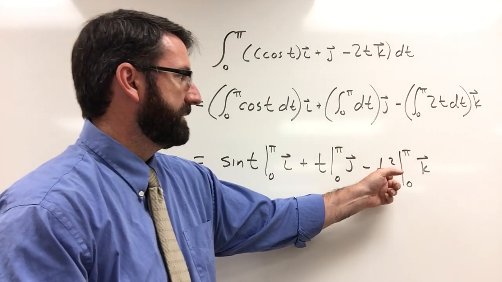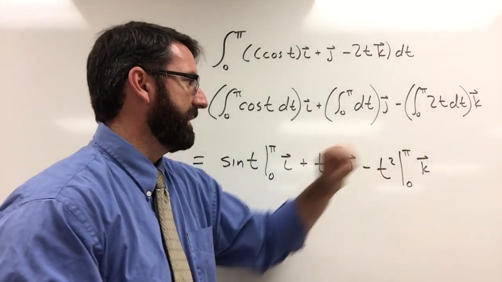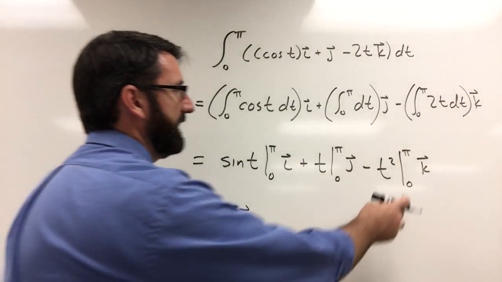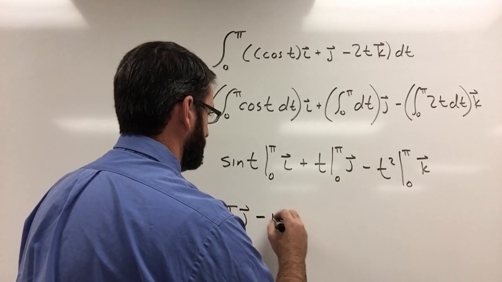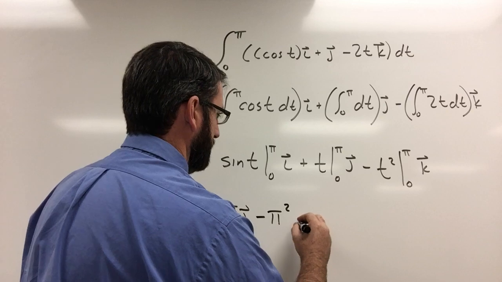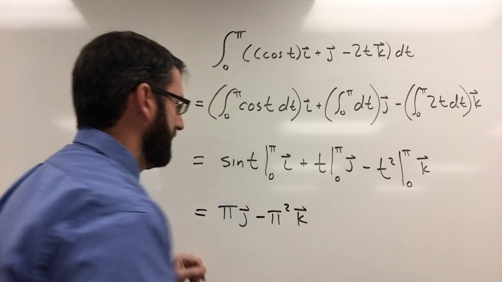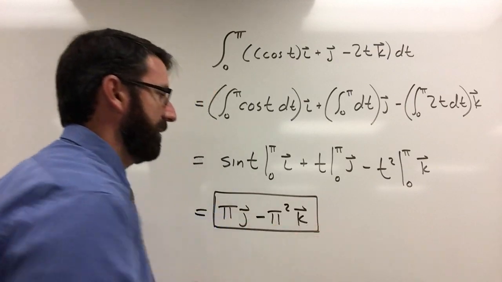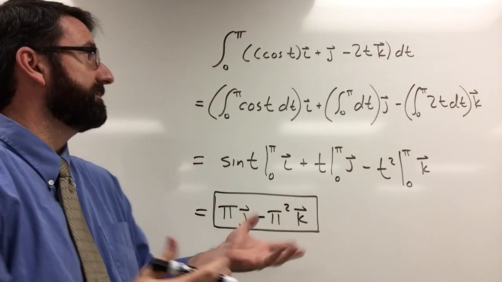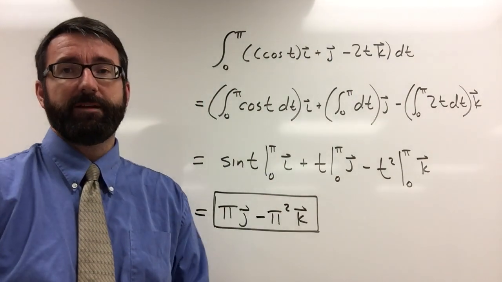And then t squared, if we plug in pi, that's just pi squared. Minus 0, so this is just minus pi squared times k. And that's it. That's our definite integral of that vector function.